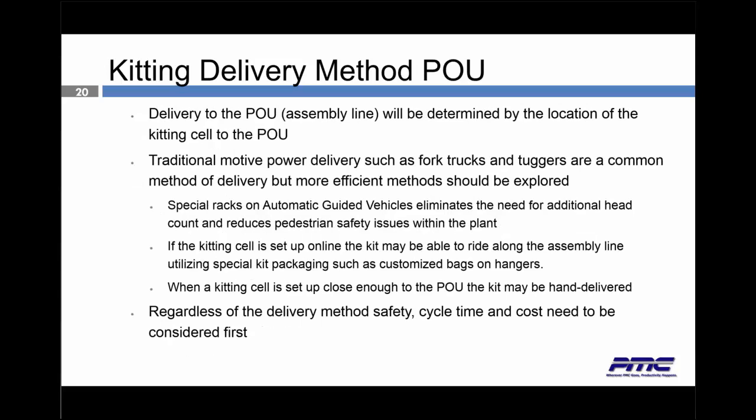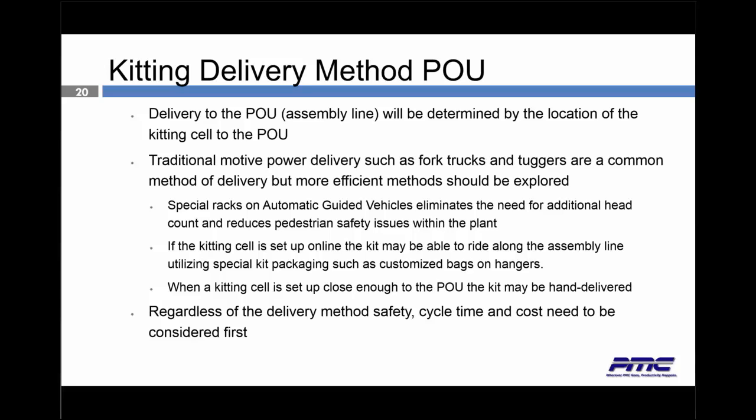Delivery to the point of use, or the assembly line, will be determined by the location of the kitting cell. Traditional motor power delivery, such as fork trucks and tuggers, are common methods of delivery, but more efficient methods should also be explored. Special racks, automatic guided vehicles to eliminate the need for additional headcount and pedestrian safety issues in the plant.